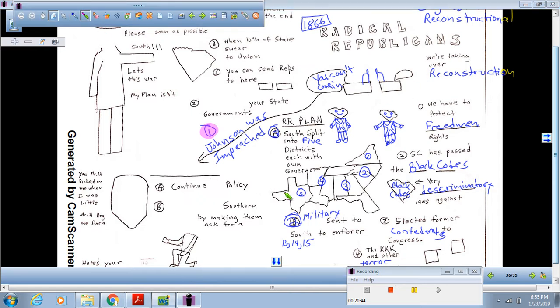So the 3 parts of their Reconstruction Plan was the South was split into military districts with a military governor. The military was sent to enforce the 13th, 14th, and 15th Amendments, and Johnson was impeached for blocking their efforts.